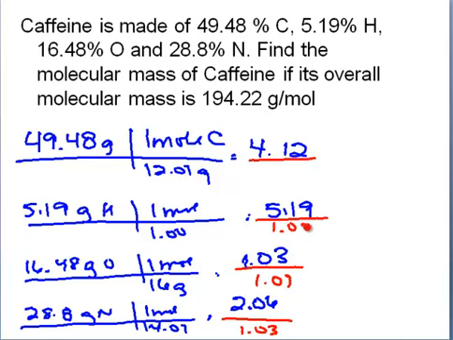So 4.12 divided by 1.03, and I get 4. 5.19 divided by 1.03, and I get 5. Obviously this is 1, and this is going to be 2.